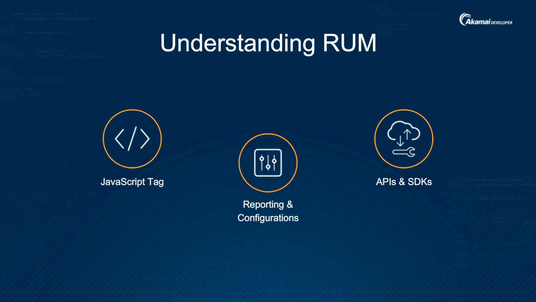These are all types of activities that can be done through APIs and SDKs. And not all RUM providers offer these, but a really good RUM provider will offer both APIs and SDKs to their end users.